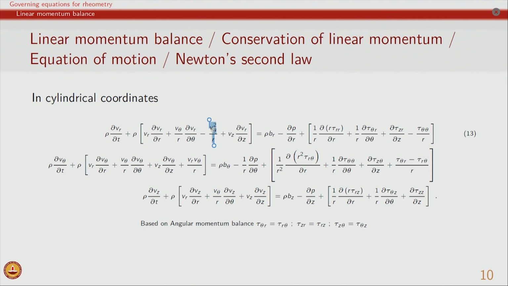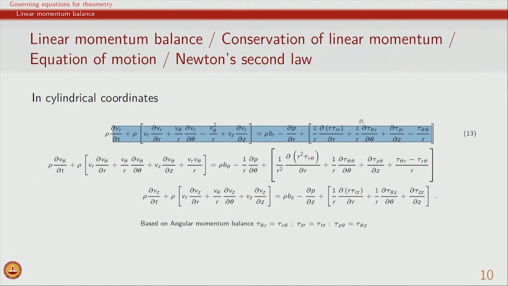Now, this term is actually the centrifugal acceleration that we are familiar with, rho v theta squared by r. This is an r direction component, and in the r direction we have of course the velocity in the r direction and the stresses, though they may be on different surfaces.